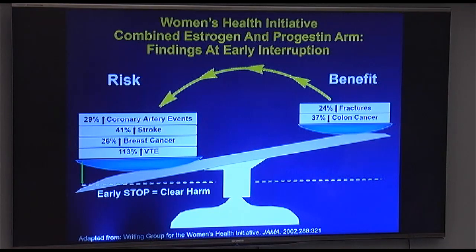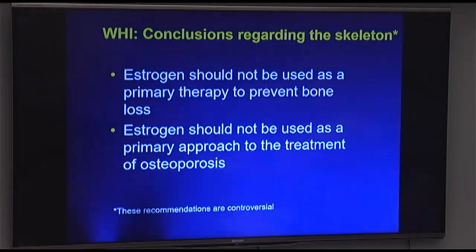But I do believe in the early postmenopausal woman, and I have a number of such women I'm taking care of now, and we have an active discussion about using estrogen as the way to prevent bone loss, because it is a preventive, not necessarily a primary therapy, although I think it can be used as a primary therapy.